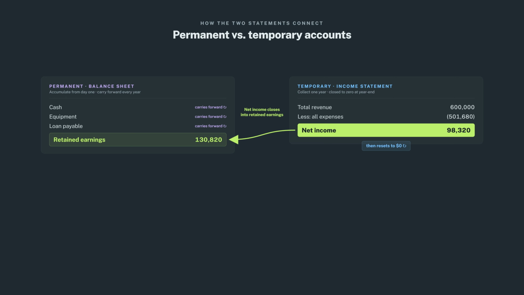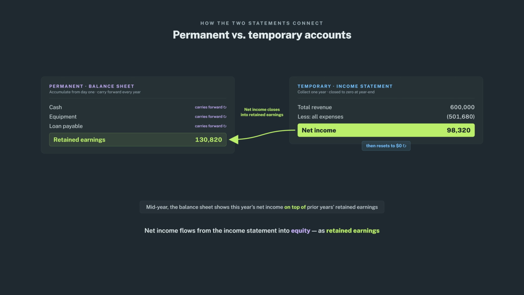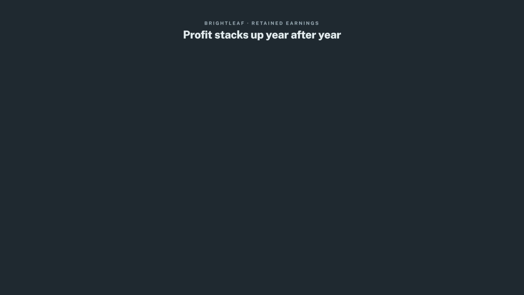Then they start fresh for the next year. And in the middle of any year, the balance sheet will reflect the current year's net income in addition to retained earnings from prior years. So the net income from the income statement flows directly to equity on the balance sheet in the form of retained earnings. And you can watch this play out clearly at BrightLeaf.